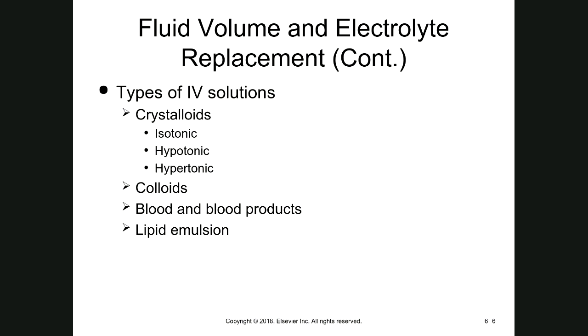You want to make sure they're receiving the dextrose to give them their nutrition, and make sure that it's not too high, because dextrose solutions higher than 10% should be given only in the central vein.